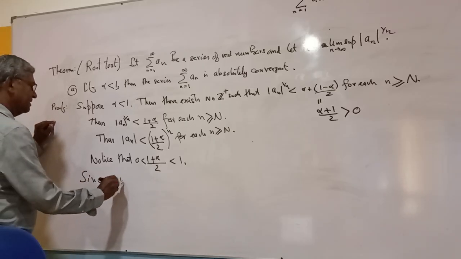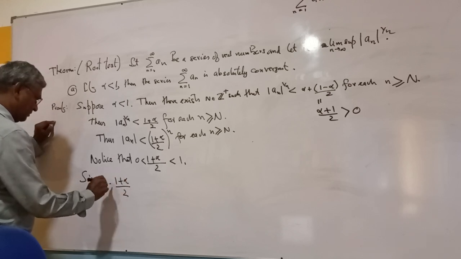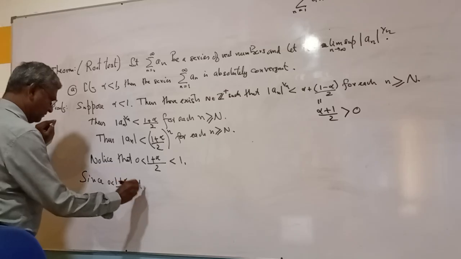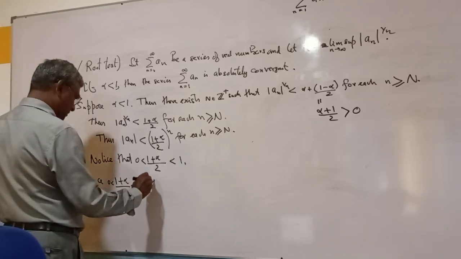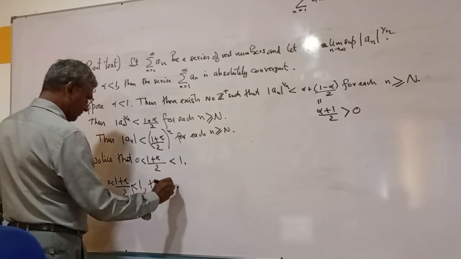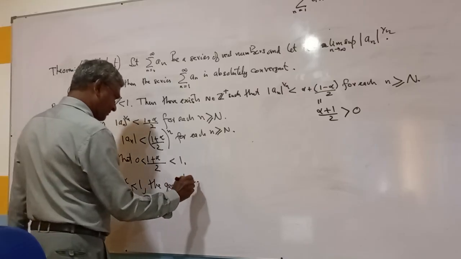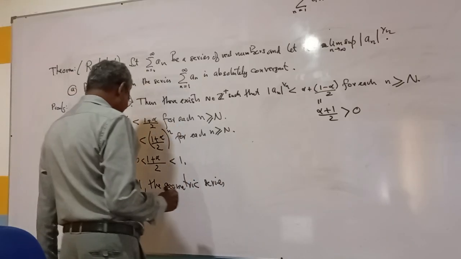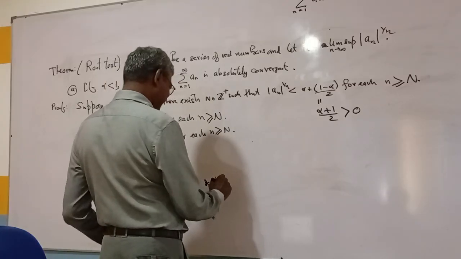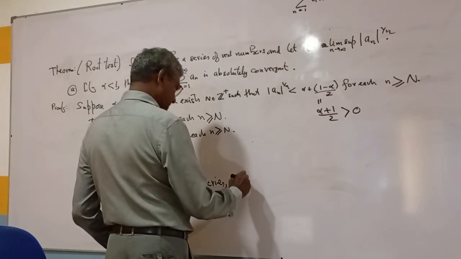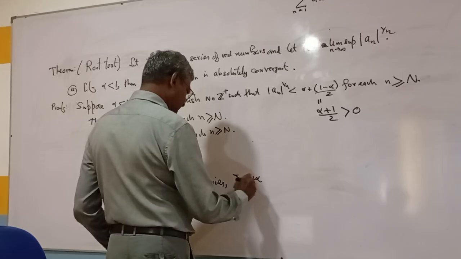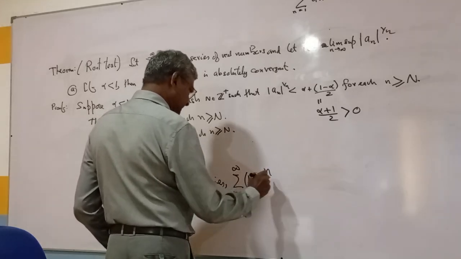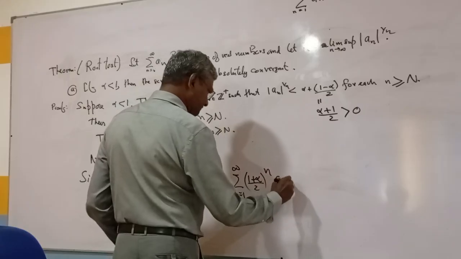Since (1 plus alpha) divided by 2 is greater than 0 and less than 1, the geometric series sigma ((1 plus alpha) divided by 2) to the power n, going from 1 to infinity, converges. Luckily you noticed that, otherwise you go home with negative 20.